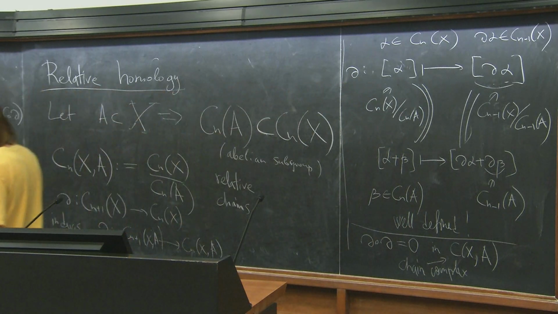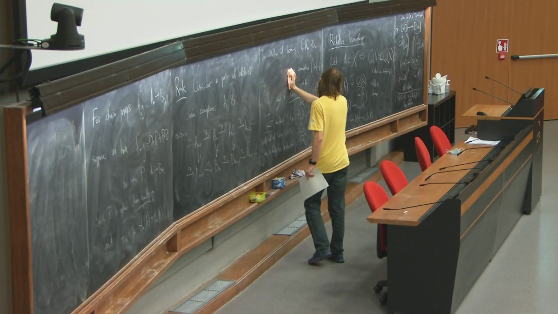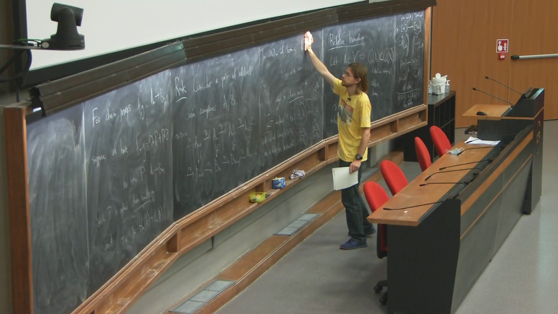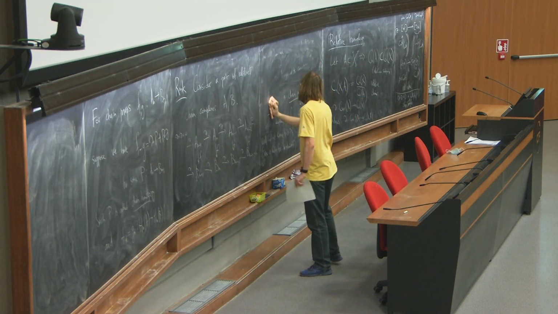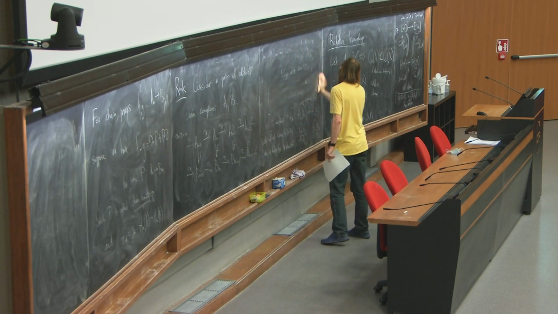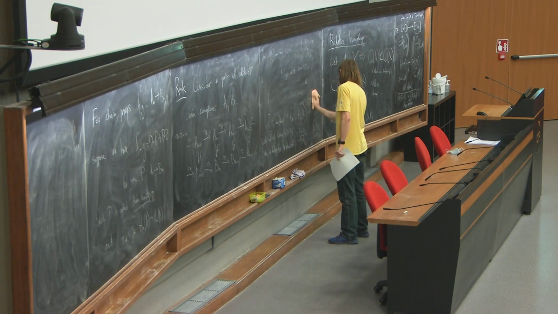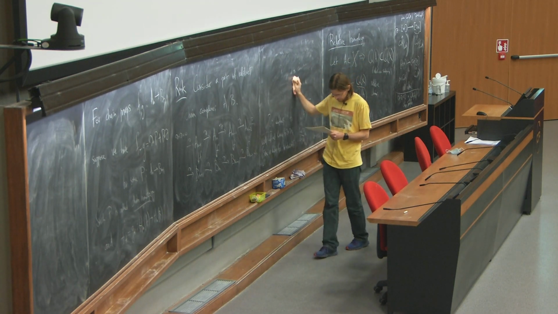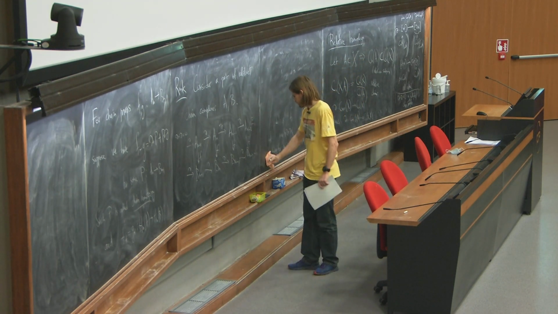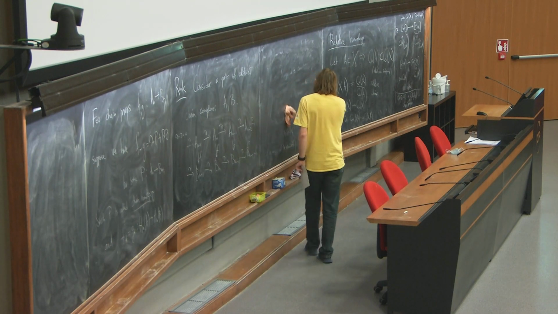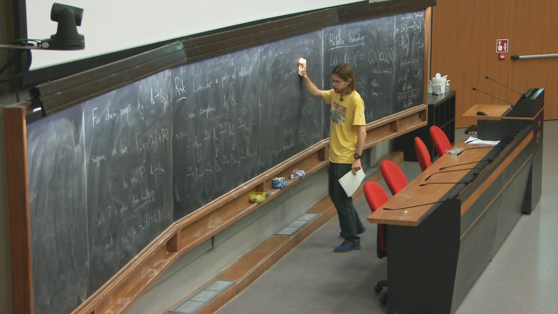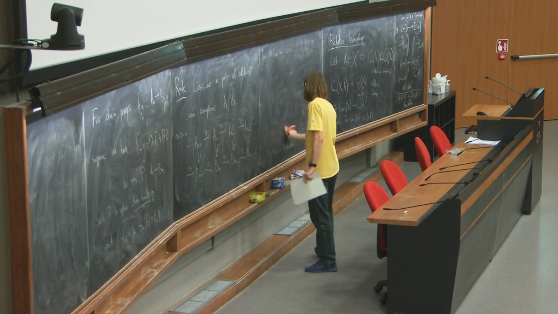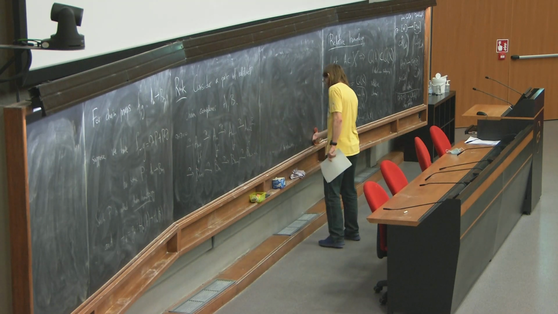This fits the general definition of a chain complex as a sequence of abelian groups and homomorphisms between them. For any chain complex, we can define the corresponding homology groups.